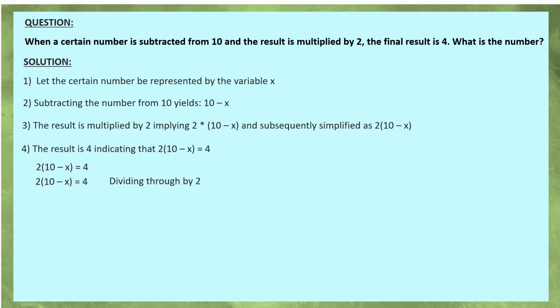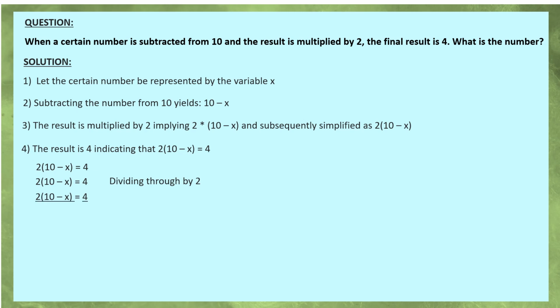Why are we dividing both sides of the equation by 2? We want to simplify. We have a 2 multiplying 10 minus x on the left hand side. And if we divide it through by 2, we'll be able to simplify both the left hand side and the right hand side.